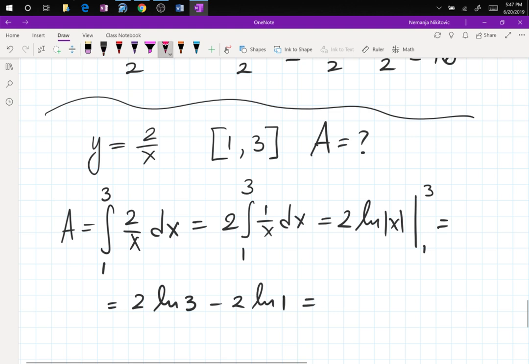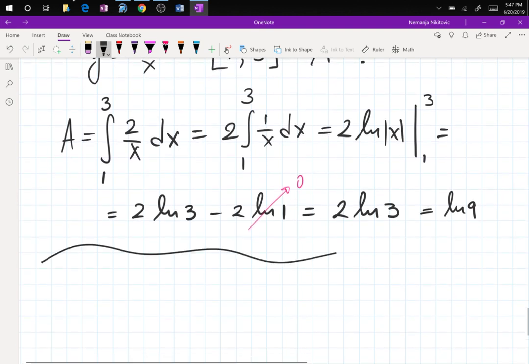Now, how much is ln of 1? Excellent. So the answer is 2 ln 3. And if you want the boss, right answer is just ln 9. Because the 2 goes in as the exponent of 3. 3 squared is 9. But that's what they would say on the internet is thug life, right? So that's the boss answer.